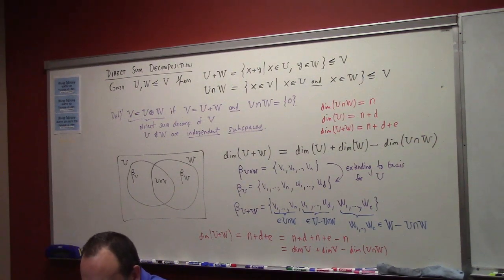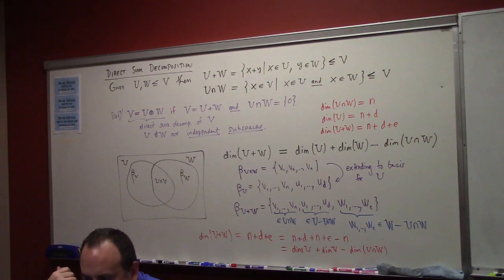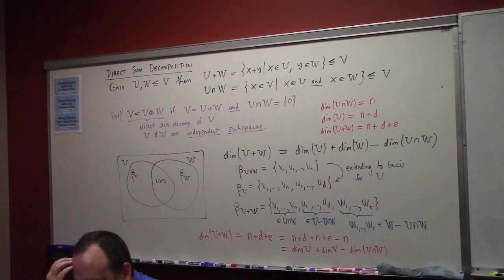So let me just sit down here for a second. The proof on page 147, if we look at it, I pick Z in U plus W. I say, okay, well then that means Z can be written as X plus Y, where X is in U and Y is in W. I expand X in the basis for U, and I expand Y in the basis for W. And then I collect the terms which are from the intersection part of the basis.